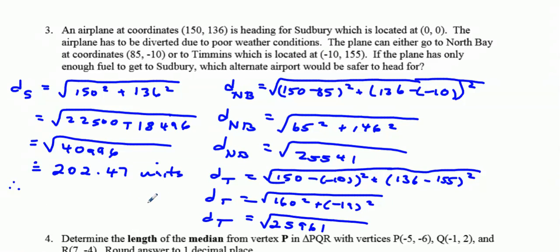All right, I can get to either place because the distance to Sudbury is far greater than distance to either of these two. But if we're talking economy, they're going to want to go to the closest airport, obviously.